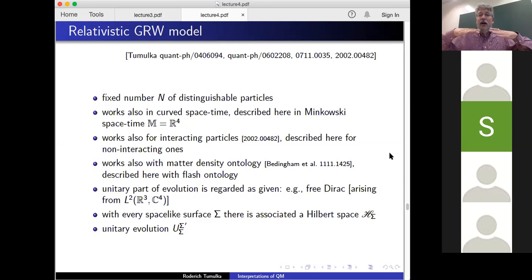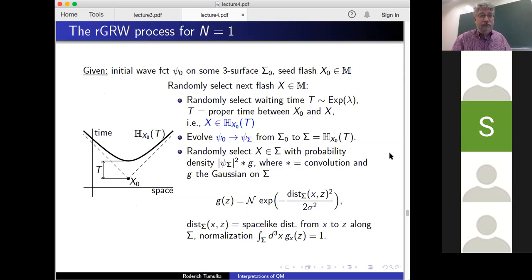So that means if I have two surfaces, then I have a law for how to do the unitary evolution from this surface to that surface. I suppose that is given. You can give me any unitary evolution of this kind that you think is reasonable.